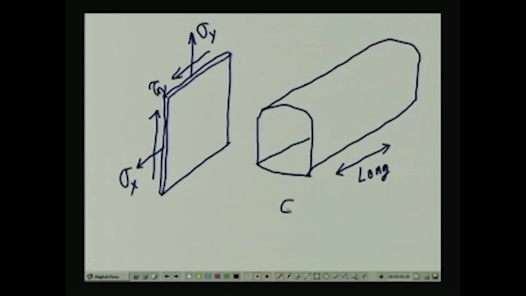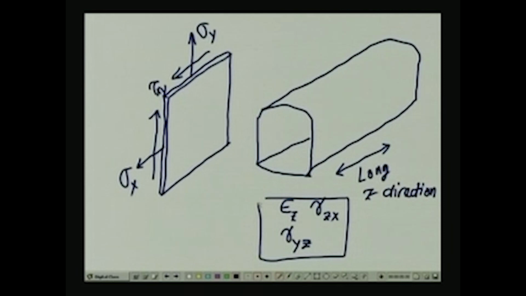So, what you end up with are these components. So, you have got any strain component, if you call this long dimension the z direction. Then in this problem you can neglect all those strains which have got a z in them. For instance, all these components are going to be non-existent.